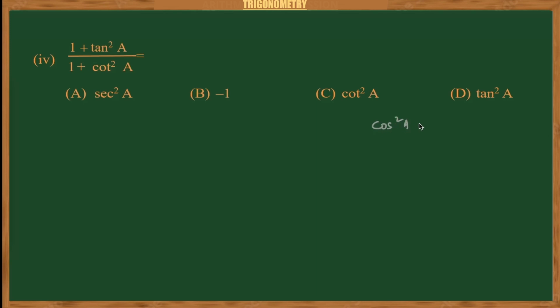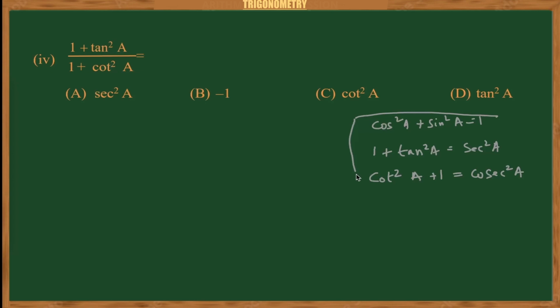Cos square A plus sin square A is equal to 1. 1 plus tan square A is equal to secant square A. Then we have cot square A plus 1 is equal to cosecant square A. I'm just repeating this, we have done this in the first question. So just remember this. The first thing we need to check is whether it can be substituted in this format. If not, then we need to convert it into sine cos format.